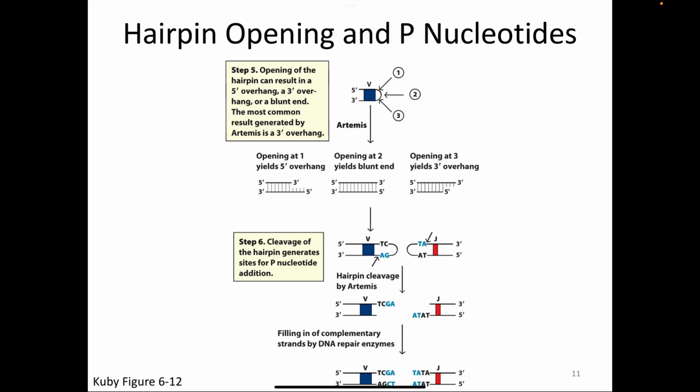Sorry. So Artemis can cleave in all those places, 5 base pairs in either direction. So first, let's imagine that Artemis picks correctly. So Artemis picks this bond right here. What is the result if Artemis picks that bond? Yeah, Paige.